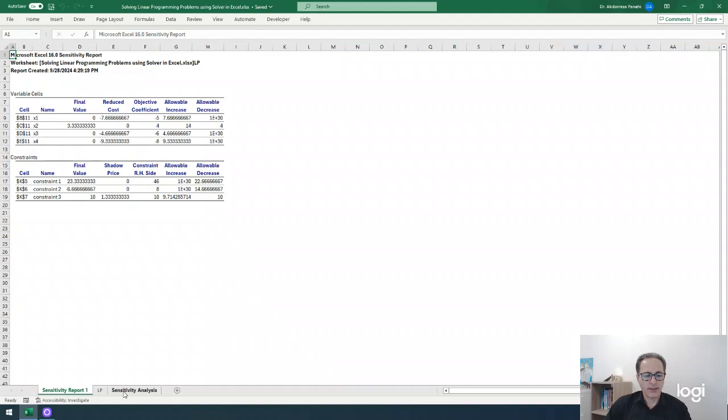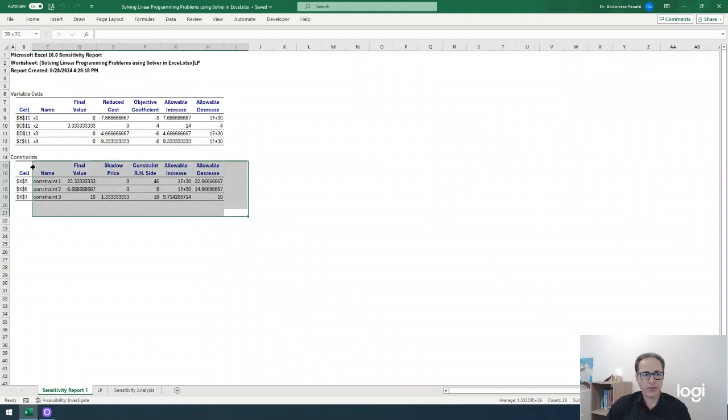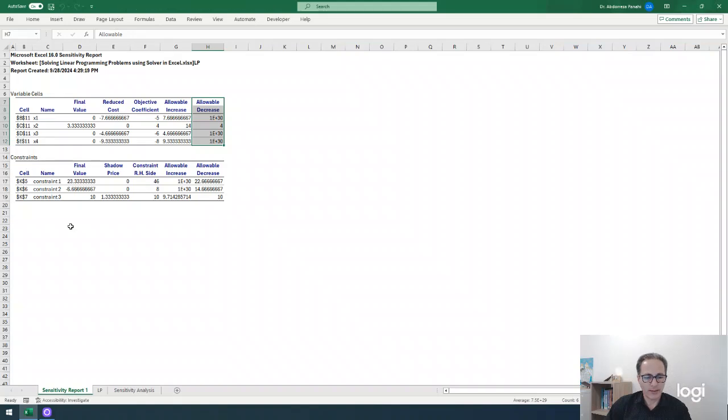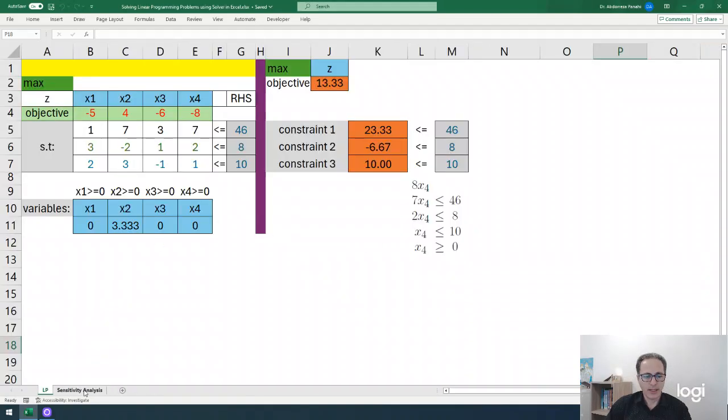And those things in this exercise page, this one is exactly the copy and paste of this part for right-hand sides or constraints. We have a similar thing for variables. It means that the cost coefficients of the variables originally were these values, and they can increase or decrease by some range, and if the change is in that range, we can give the answer for the new problem based on this sensitivity report. But for now, we work only with the right-hand sides. So I did this page, we don't need that one. You know how to create it because I already created it and pasted it here.